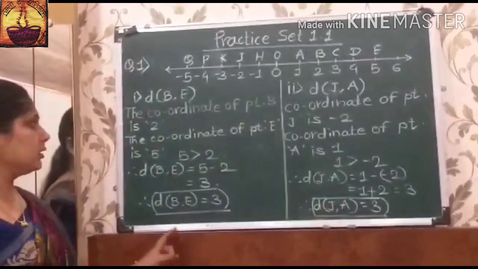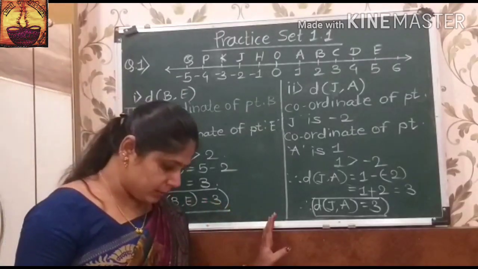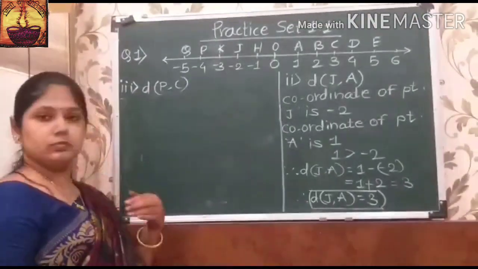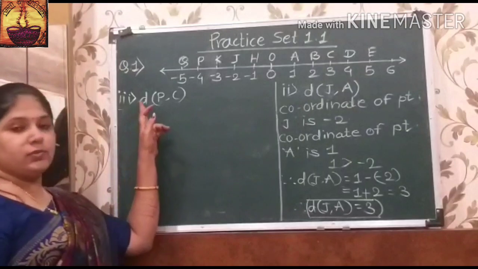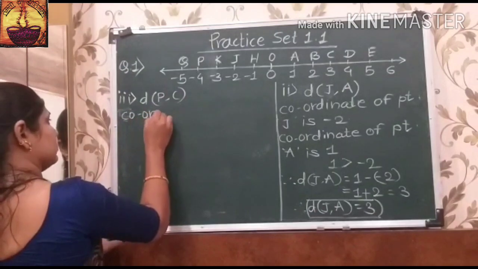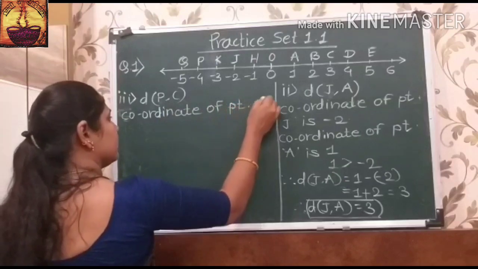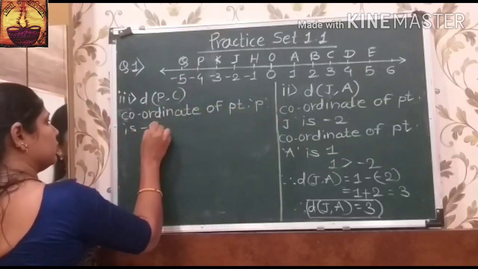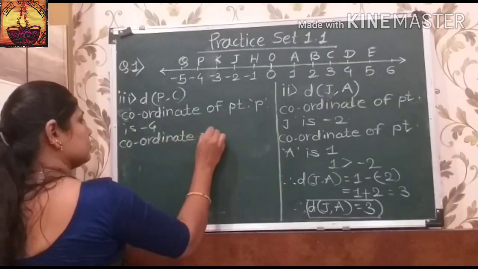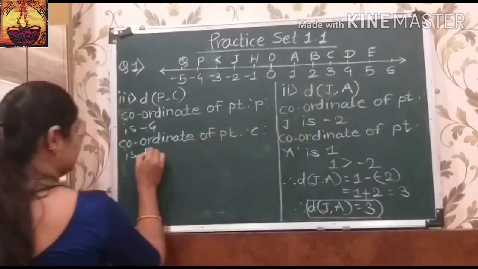So, this is the way of finding the distance between any two points on a number line. Now third example is distance PC. For finding the distance between points P and C, we write coordinate of point P is minus 4 and coordinate of point C is 3.